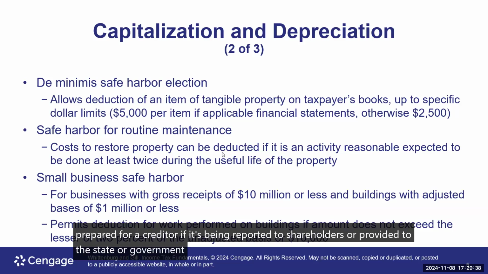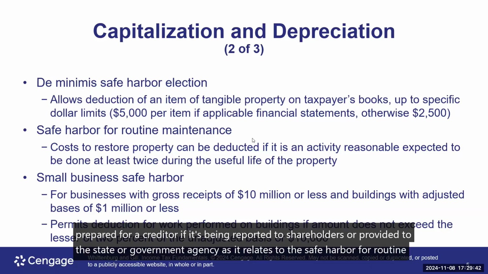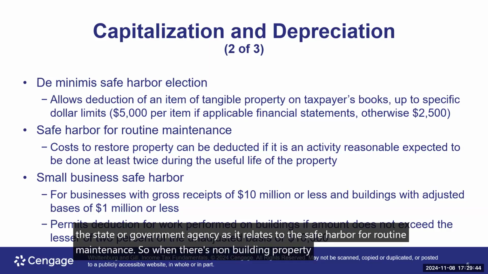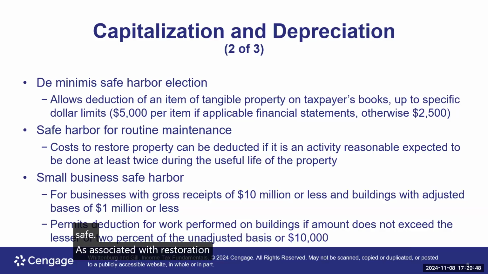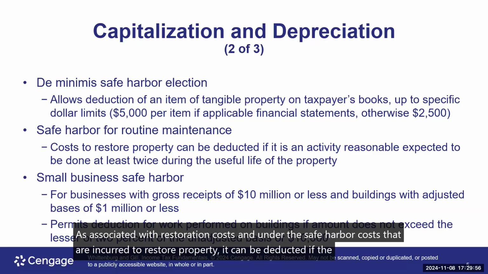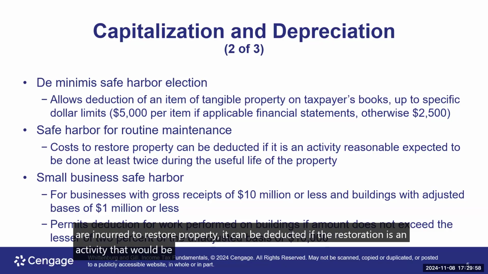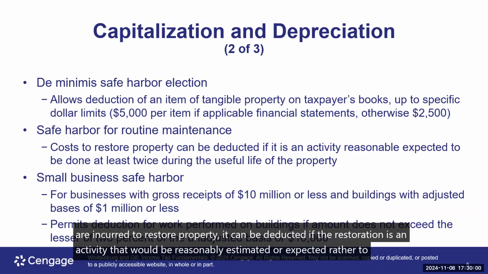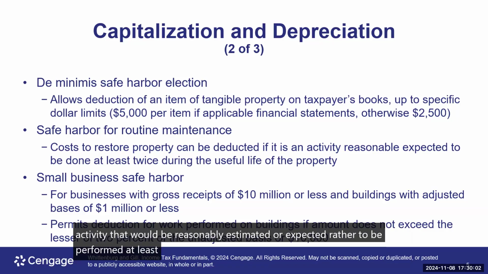As it relates to the safe harbor for routine maintenance, when there's non-building property, there's an additional safe harbor that's associated with restoration costs. Under the safe harbor, costs that are incurred to restore property can be deducted if the restoration is an activity that would reasonably be expected to be performed at least twice during the useful life of a property.